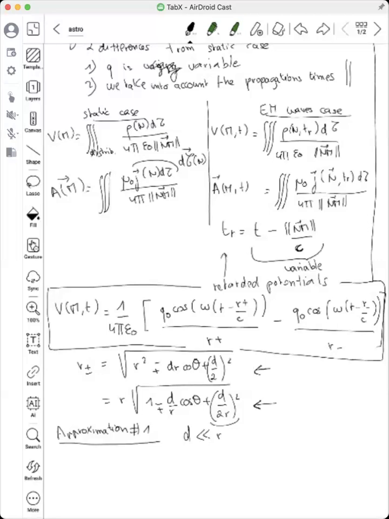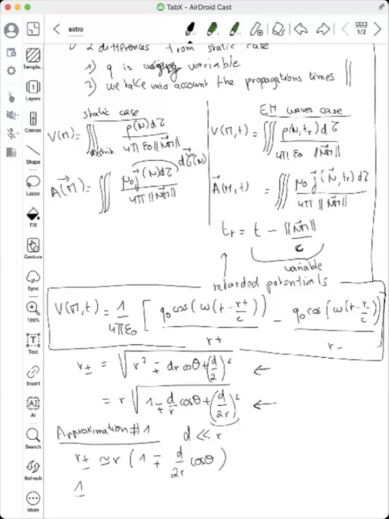And this has as a direct implication that R plus-minus is equal to, I'm actually doing a first order expansion of this thing, okay? So it's going to be R(1 minus-plus d over 2R cosine theta). Okay, so I'm basically neglecting here the last term.